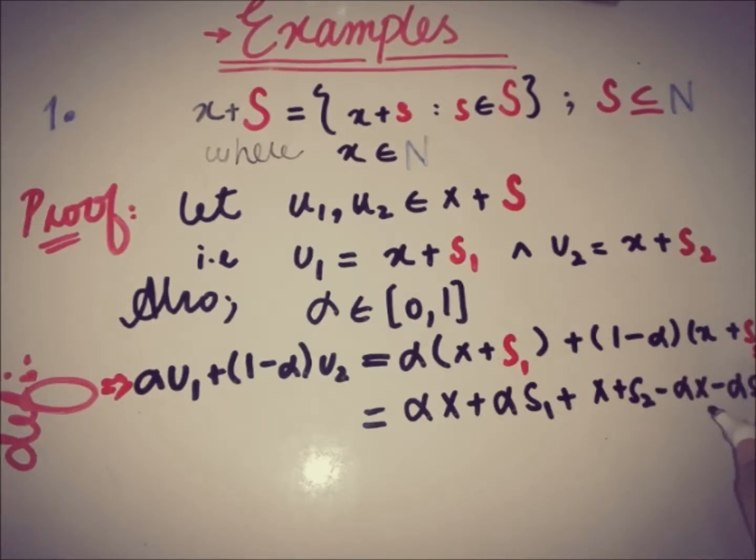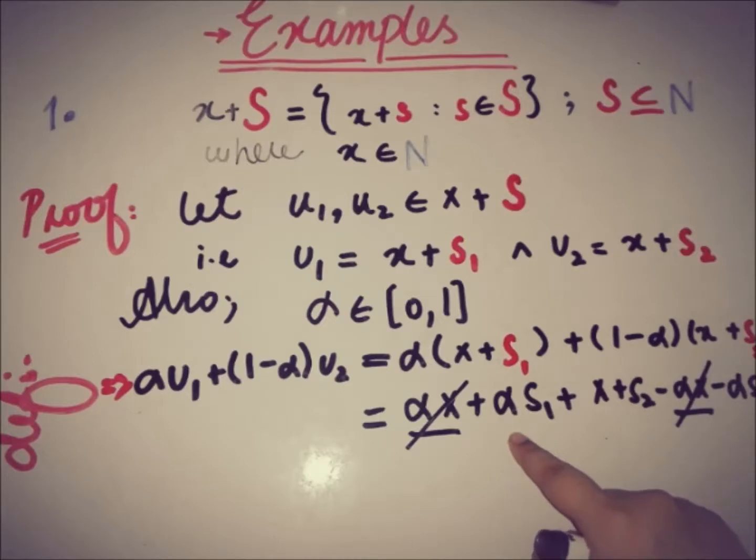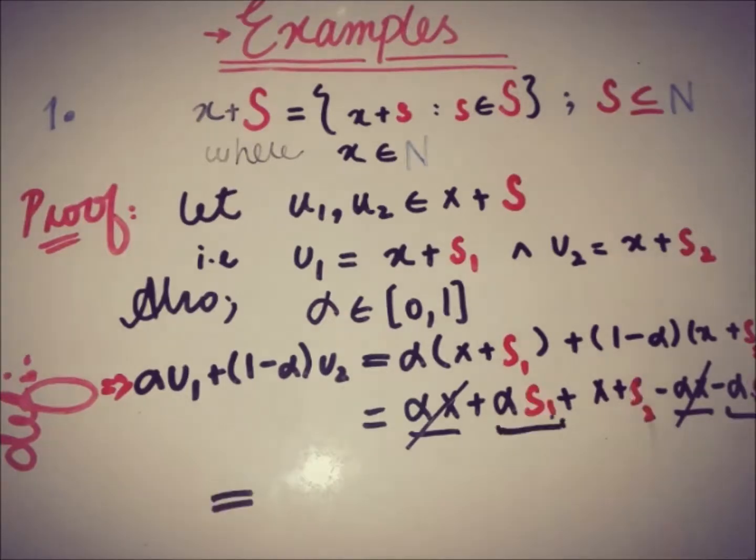Here we take the common terms: firstly alpha X, and we have minus alpha X, so we'll eliminate these. We have alpha S1 and minus alpha S2, so we're left with four elements: alpha S1, X, S2, and minus alpha S2.